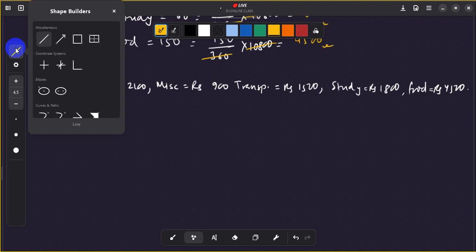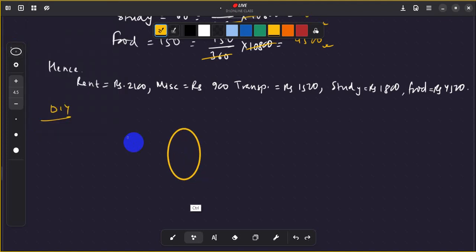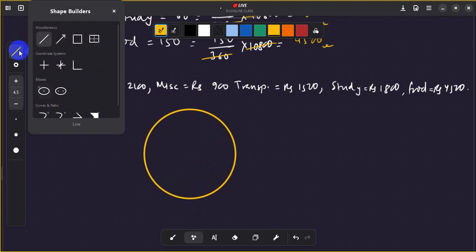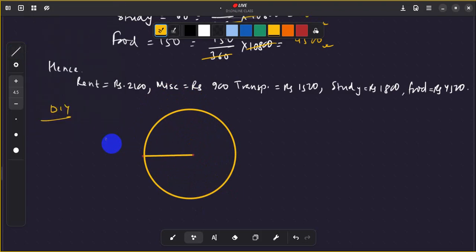I'll make a circle here, or I'll make one pie chart. Now based on this pie chart, you need to answer the questions. This one is wages, 150 degrees.